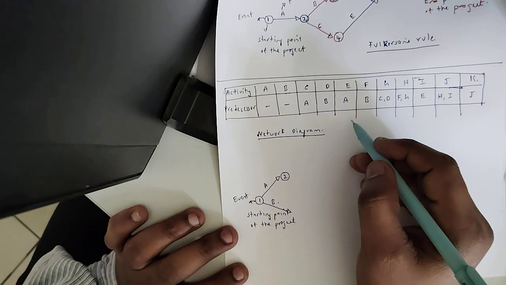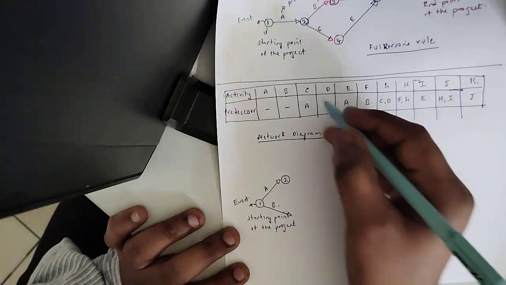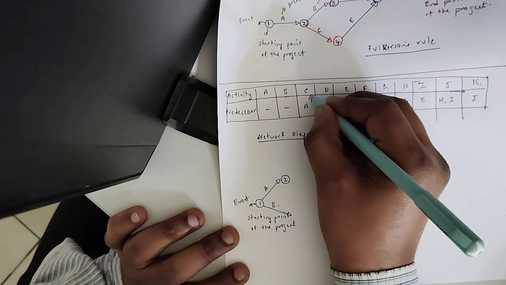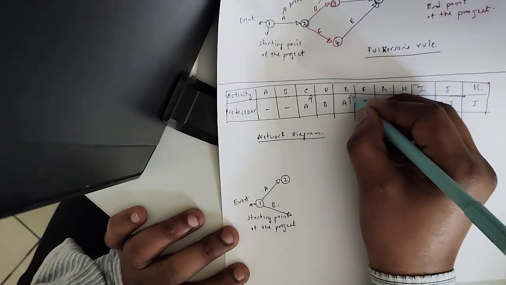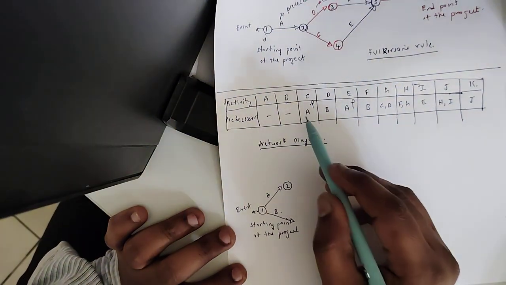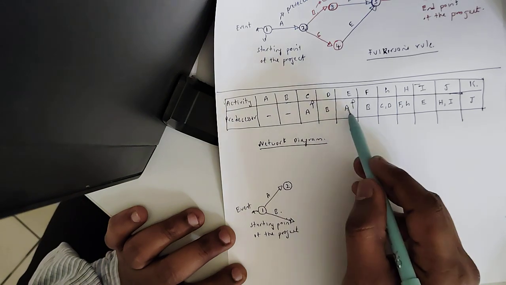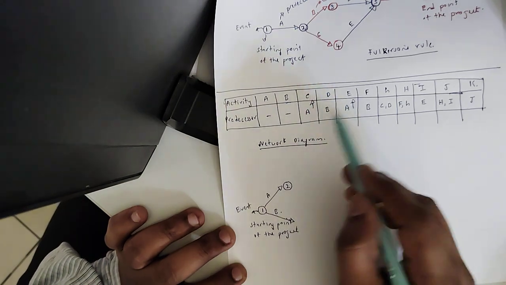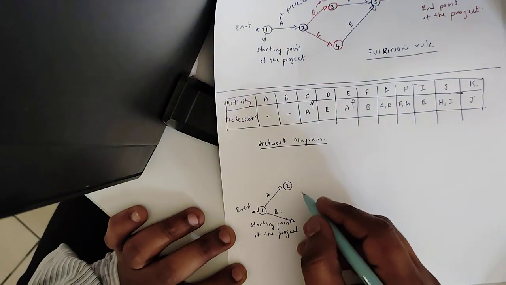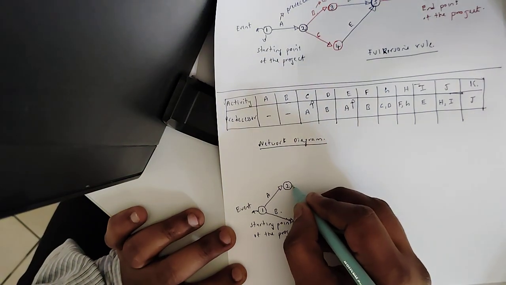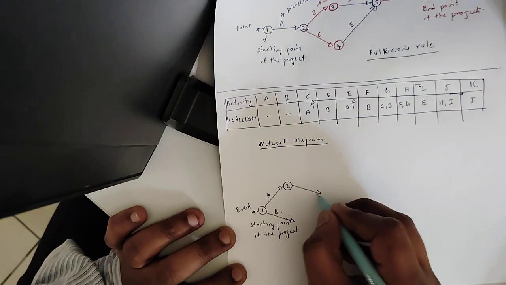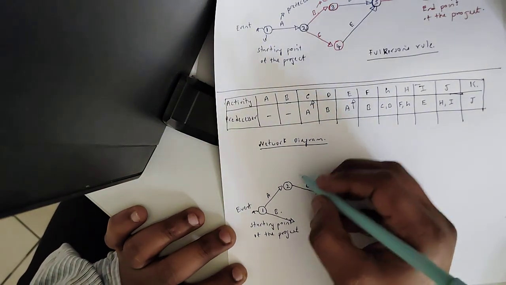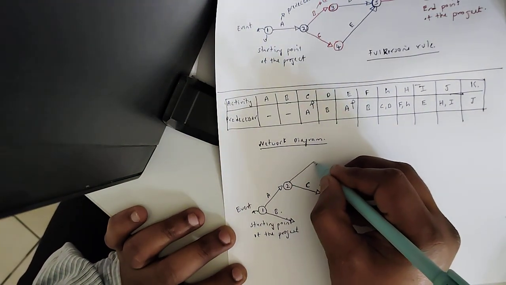Again you should remember, for C and E we have the same procedure, A. After A activity we move to C and E, so I should mention C activity here as well as E activity here.